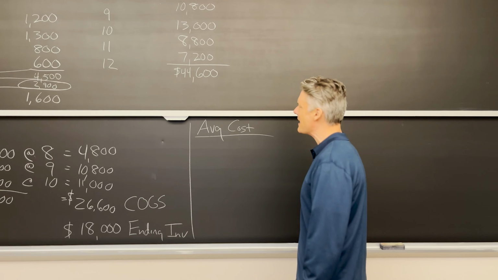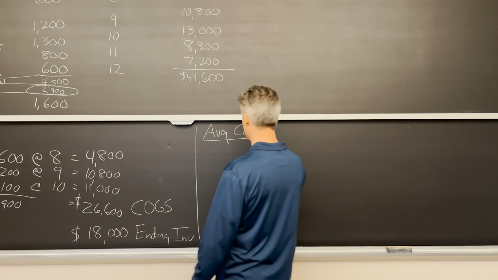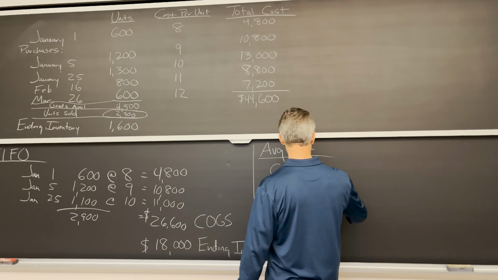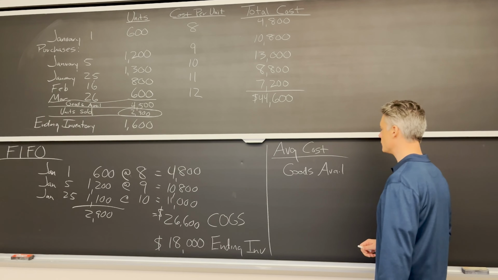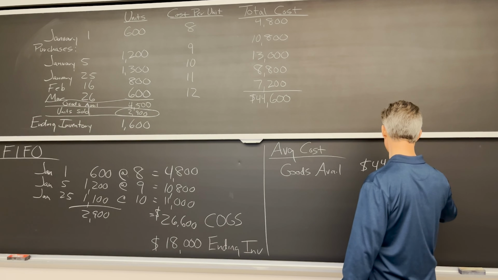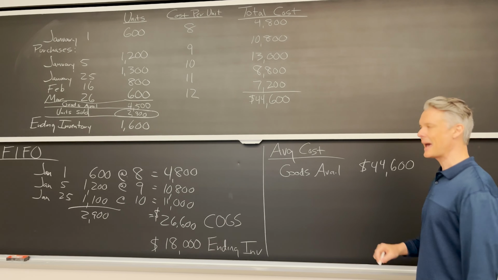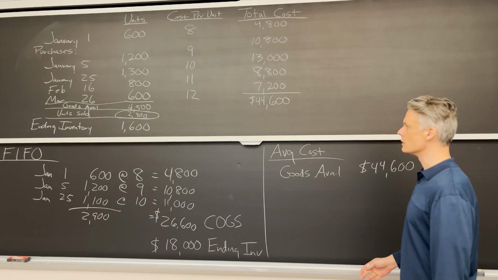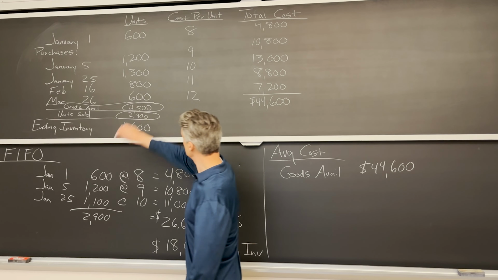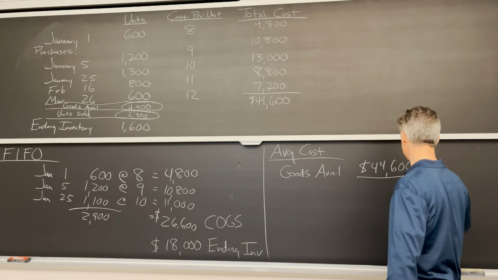So what is our average cost per unit? Well, we had goods available for sale of $44,600, and the units that were available for sale, 4,500.